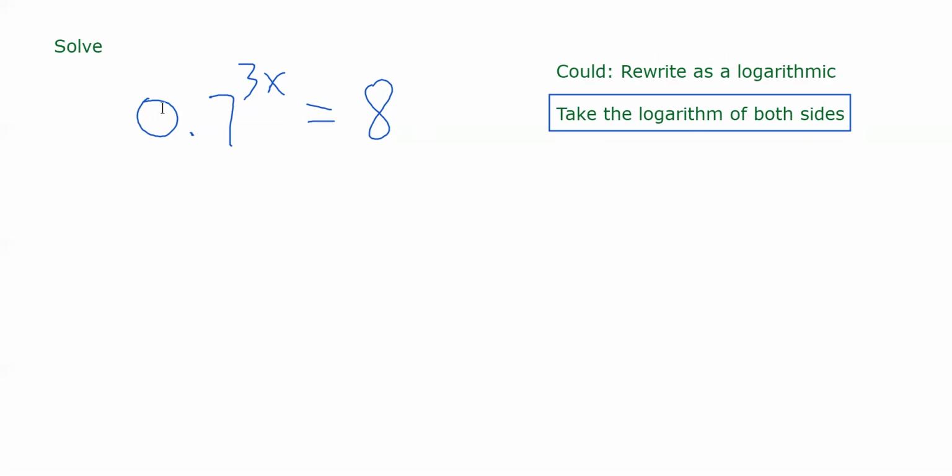What base should we use? Well, you might want to use a base of 0.7 on your logarithm. Yeah, but I know I'm likely going to end up punching buttons into a calculator. So I'd rather use a base that the calculator knows. And that's going to have to be base E or base 10. So I'll use base E. Let's take the ln of both sides, the natural log.